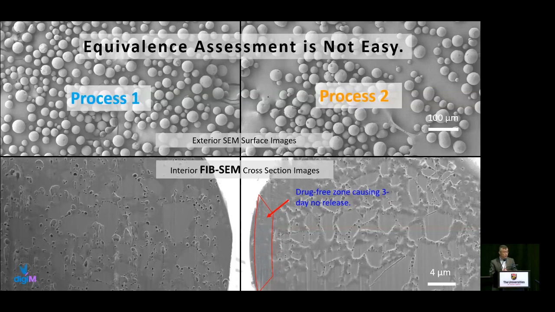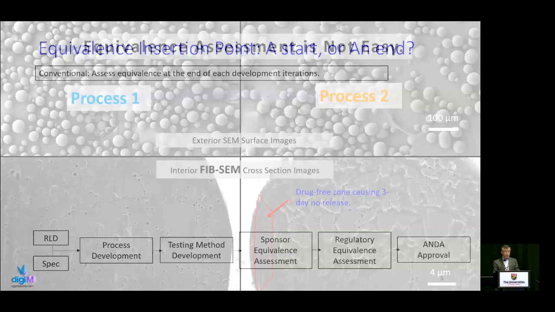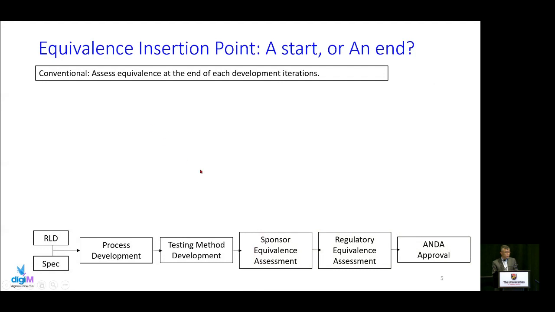This is important information and begs the question: is the equivalence assessment insertion point actually a start or an end? In our generic drug product development, we are fortunate to be sitting on the answer.